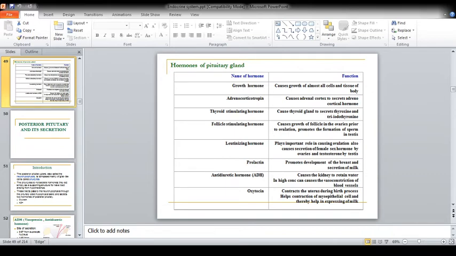So what happens is, whenever bleeding is occurring on a large scale, it would trigger release of ADH on massive scale, which would cause sudden constriction of arteries, arterioles, and it would result in increasing the blood pressure, stabilizing the blood pressure of the patient.